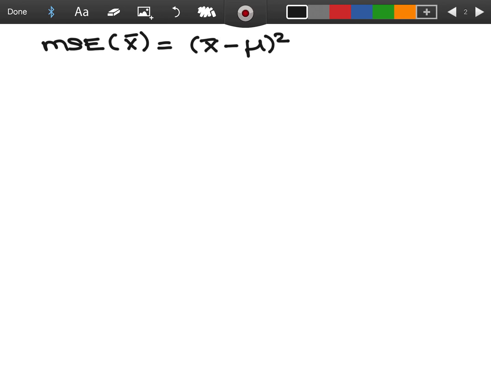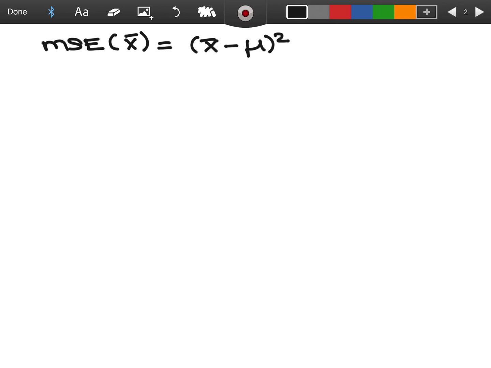Now, if you had a perfect estimator, which basically never happens, you would get a mean squared error of 0. Okay, because your sample mean would equal your population mean. That means your point estimator equals the thing it's estimating. It's a perfect estimator. That never happens. So you basically never get a mean squared error of 0. But what you would like is to make this thing as small as possible.